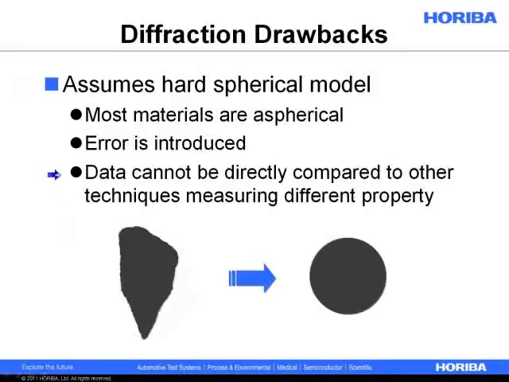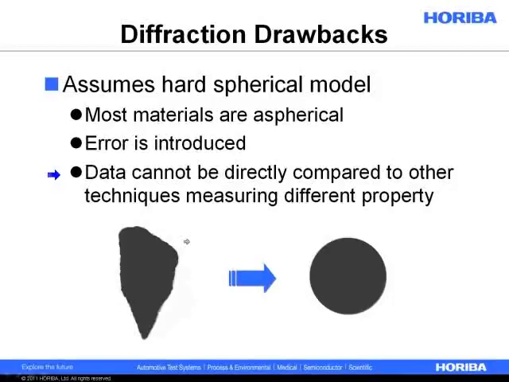But one of the other stumbling blocks is that because we're using an equivalent spherical diameter, it makes it very difficult to compare diffraction data to other techniques that aren't also measuring equivalent spherical diameter. For instance, dynamic light scattering measures the hydrodynamic radius. It also makes the assumption that it's a hard sphere, but the hydrodynamic radius isn't the same thing as the equivalent spherical diameter that diffraction is measuring.